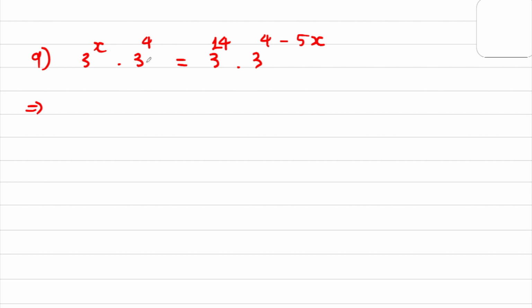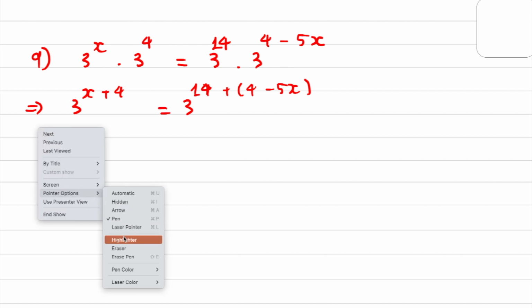You've got base 3 here, and then 3 will combine these two exponents. You will get the new one, x plus 4. The next one is a multiplication, which means 3 to the power of 14 plus 4 minus 5x in this one. And the left-hand side and the right-hand side have the same base number.